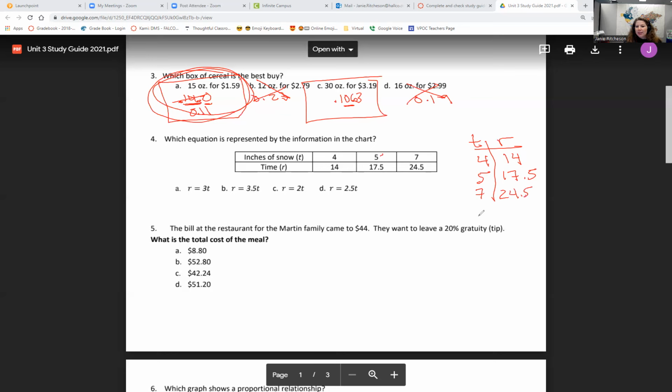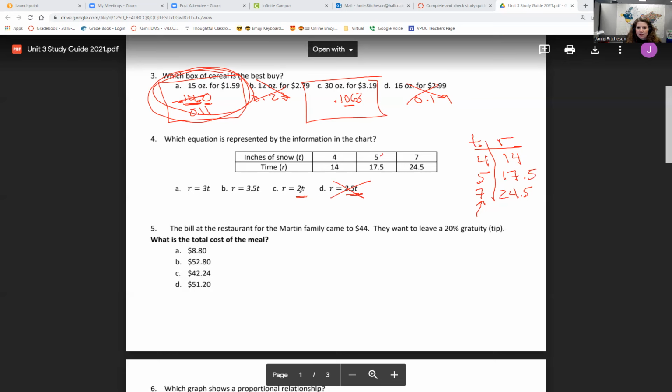So we want to know what is happening to this number to get this number every time. Well, let's just pick one. So if I plug in 7 for T, 7 times 2.5 is 17.5. So that can't be it. So that one's out.